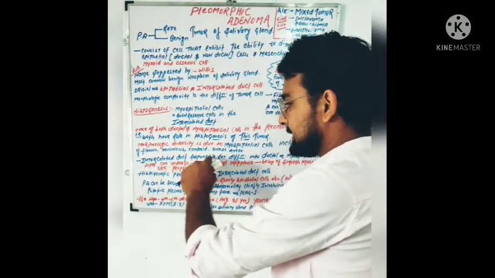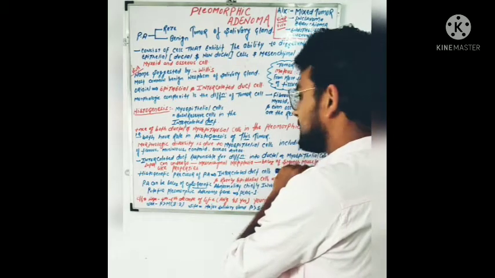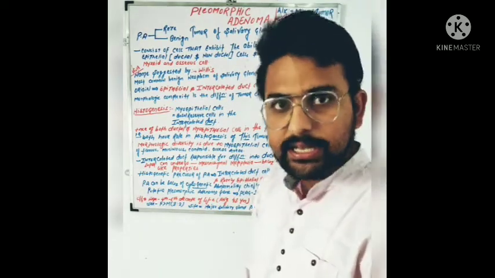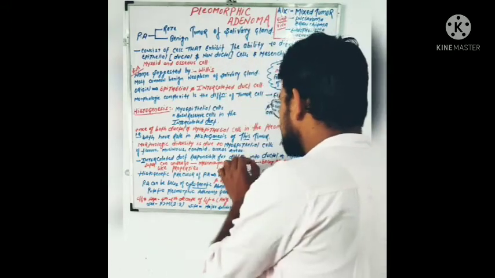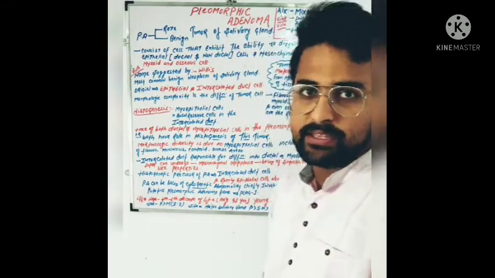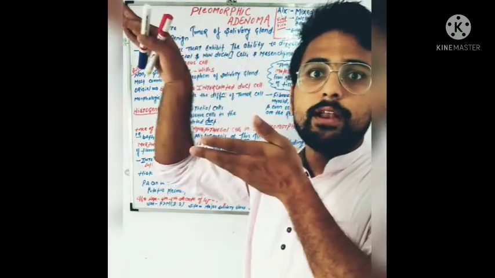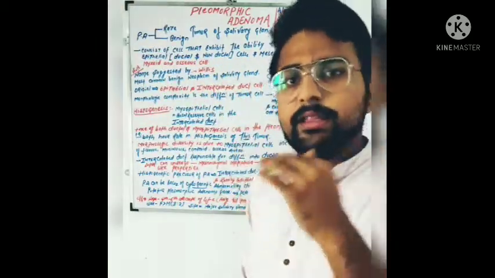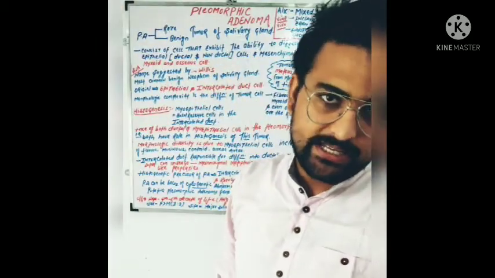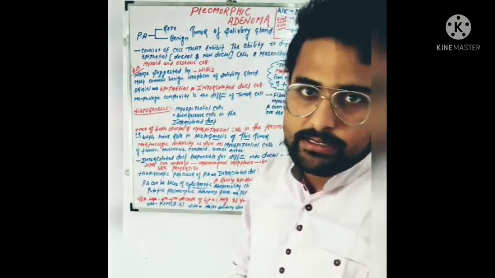The intercalated duct cell is responsible for differentiation into the ductal and myoepithelial cells. The intercalated duct cells are responsible for the differentiation into the ductal and the myoepithelial cells. Yes, we have discussed that pleomorphic adenoma originates mainly from the intercalated duct cells. The myoepithelial cells have a role, but the main role is of the intercalated duct cells.